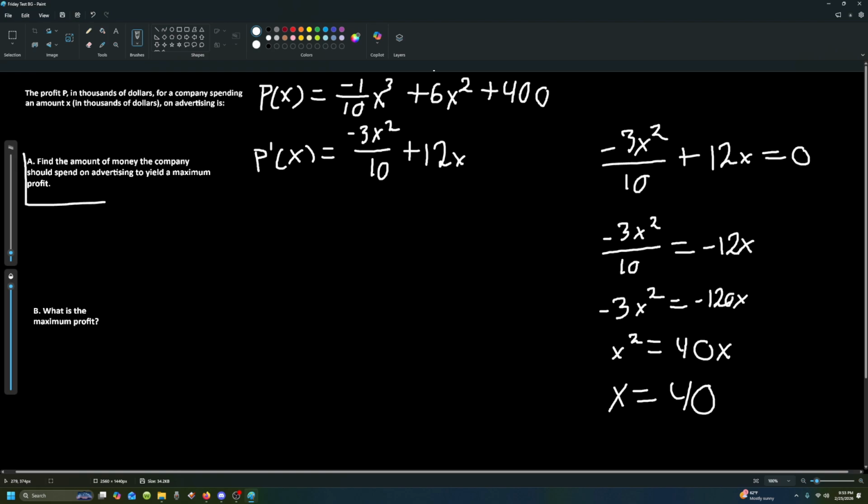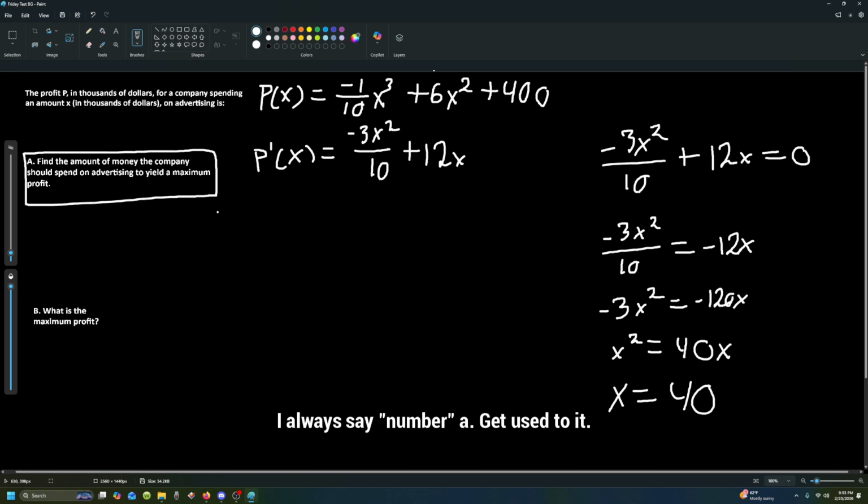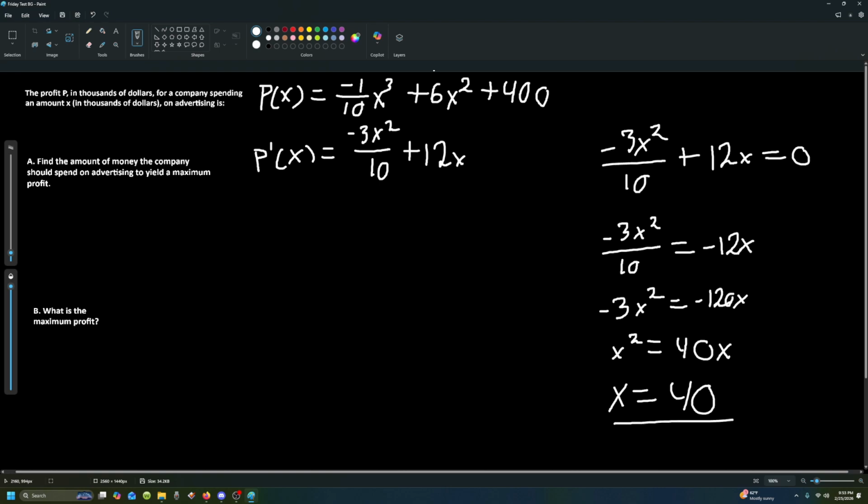And this is the answer for number A. Although we find an x value of 40, it does note we're looking for thousands of dollars. So if we multiply 40 by 1,000, we get 40,000, which is our answer for A.